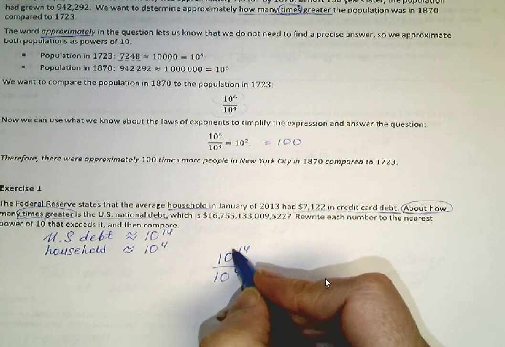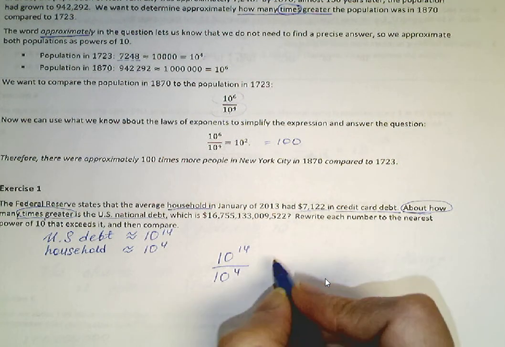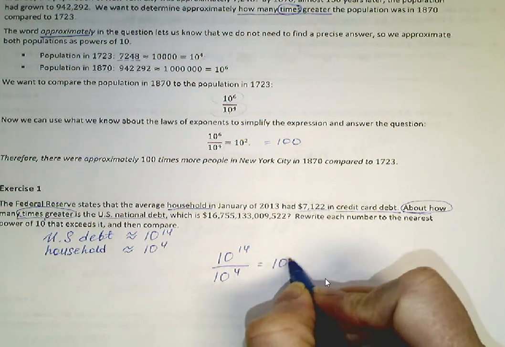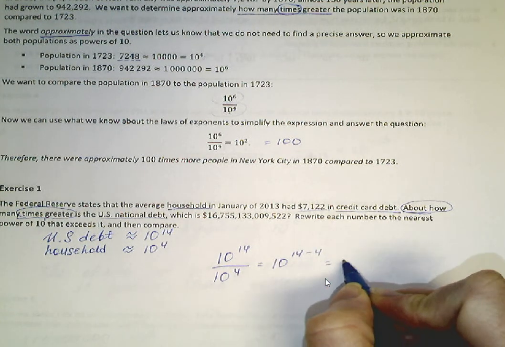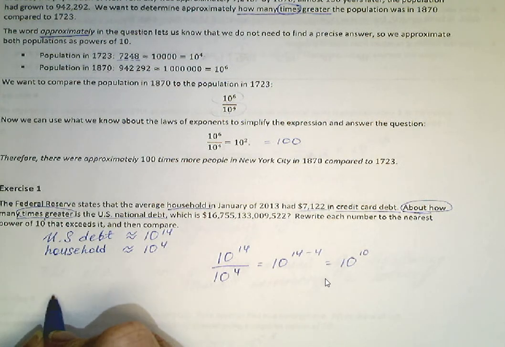Since again we are dividing like bases with exponents, we are going to subtract exponents, and we will get 10 to the 10th. I'm not going to write how much exactly that number is because it's going to be too big. But I know that the US national debt is about 10 to the 10th times greater than the average household debt. Okay, let's write the answer down.